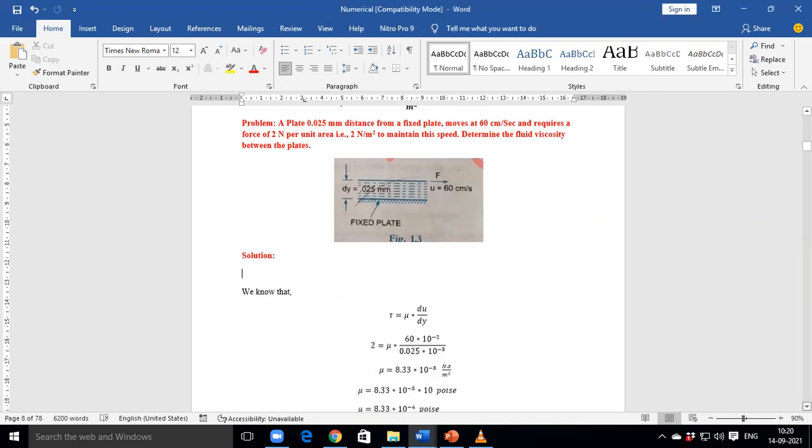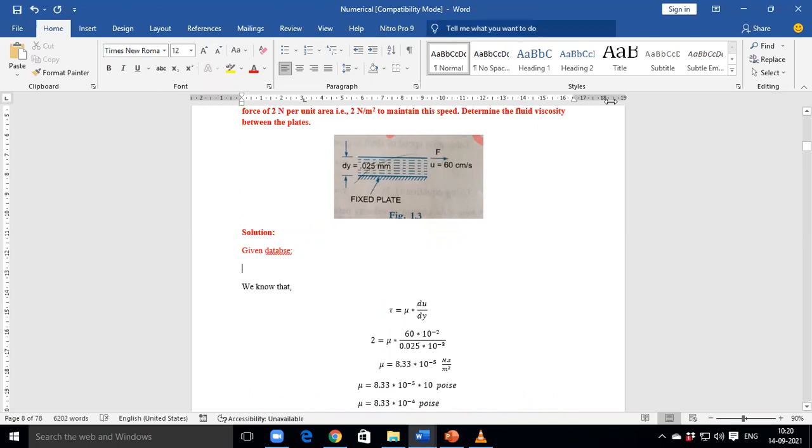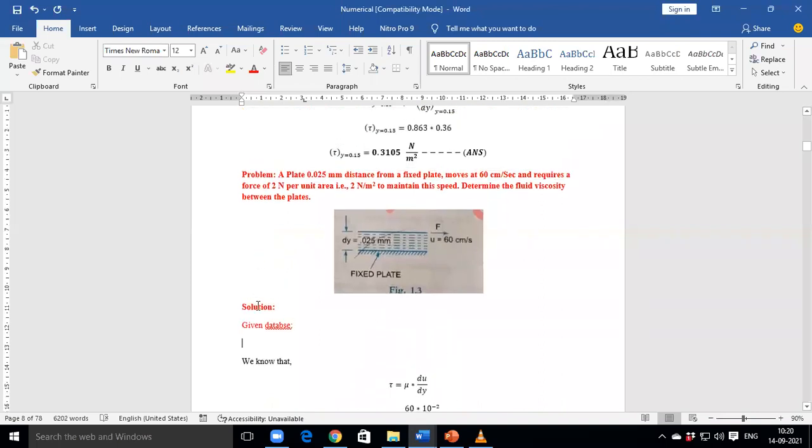So the first step of any numerical is to write the given data. What is the given data mentioned in the numerical? Distance. Which notation do we write? The change in distance, in symbolic representation dy, and its value is 0.025 mm.